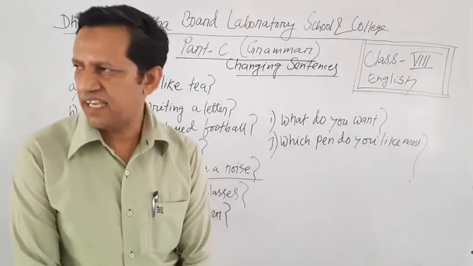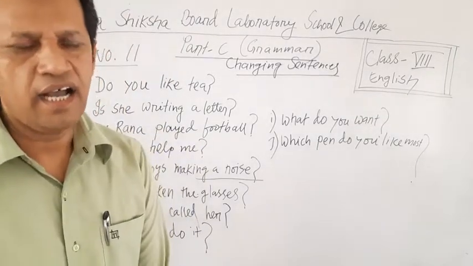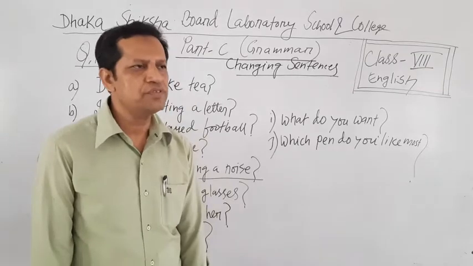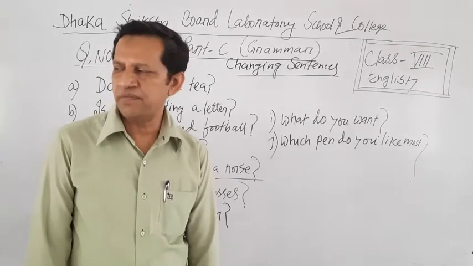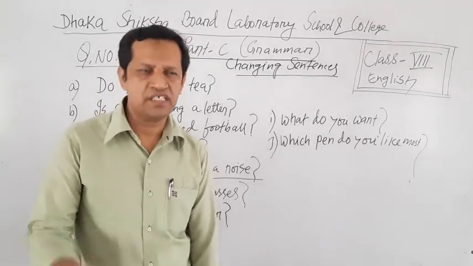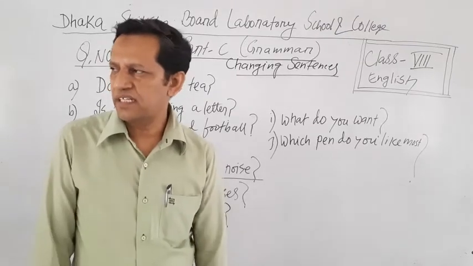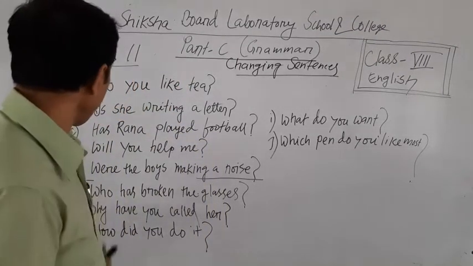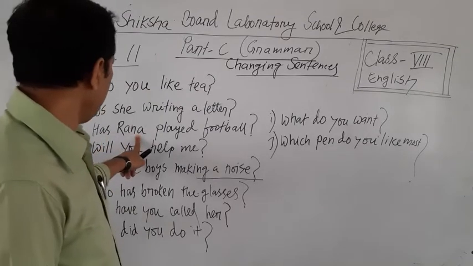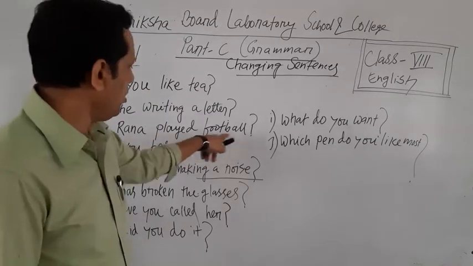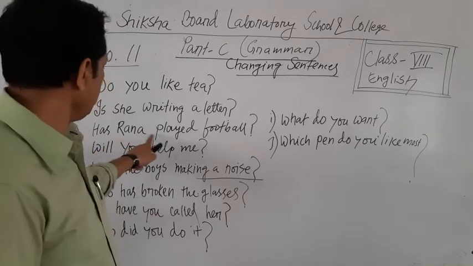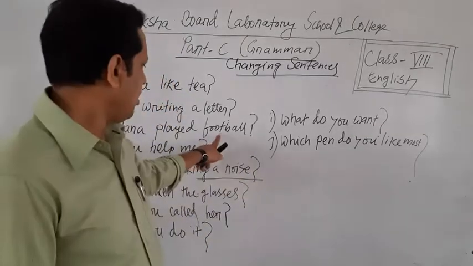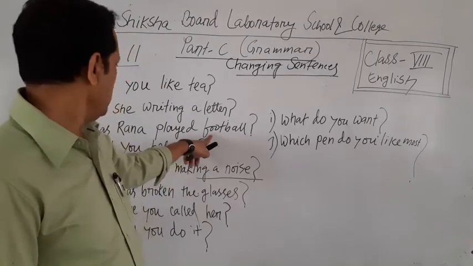Everything is like an assertive sentence, but here you have to use the helping verb at the beginning of your answer, because all these sentences are interrogative. Has Rana played football? It is present perfect tense, object football.